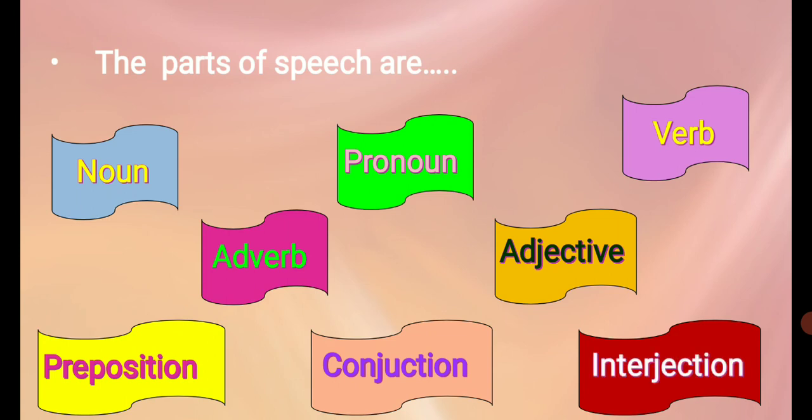So these are the 8 parts of speech of the English language. We already learnt about noun, pronoun, verb, adverb, adjective and preposition in our previous lessons, right? So we already learnt about these parts of speech as topics. Now we understand this is one name of a part of speech. Okay, let's move on.